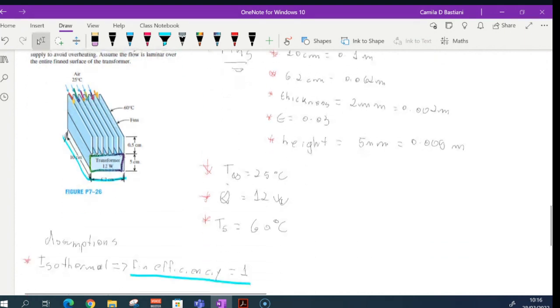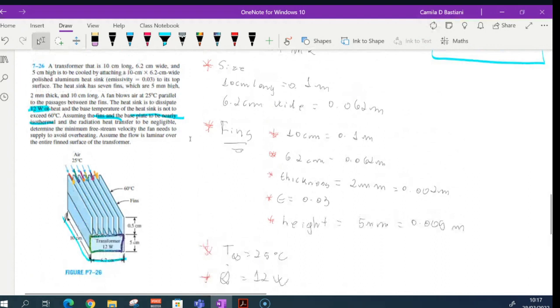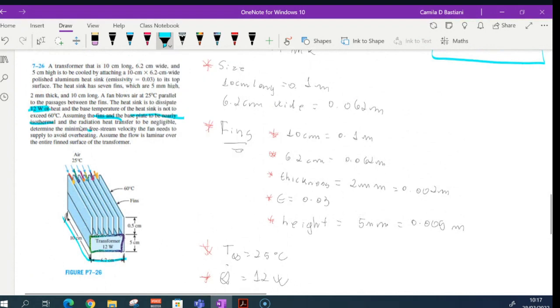So I'm also assuming that my Q of radiation is equal to 0. So negligible radiation. What else am I assuming here? I'm going to assume as well that I'm operating in steady state, so there are no transients. Determine the minimum free stream velocity of the fan that needs to be supplied to avoid overheating. Assume the flow is laminar over the entire fin surface of the transformer.